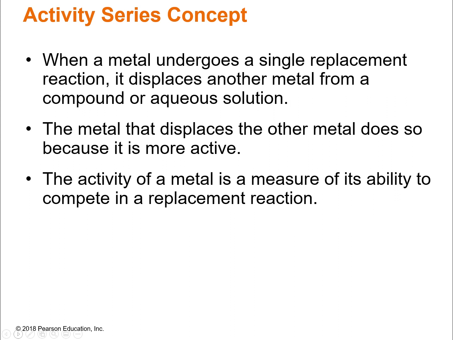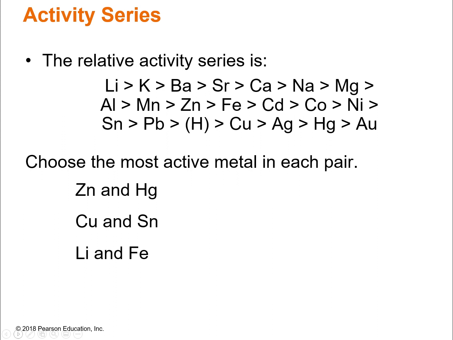So the activity that we're talking about in the activity series is the ability of a metal to compete in a replacement reaction. There's a relative activity series, and you'll be provided with this on your exam. This is the most active metal, lithium, all the way down to the least active metal.